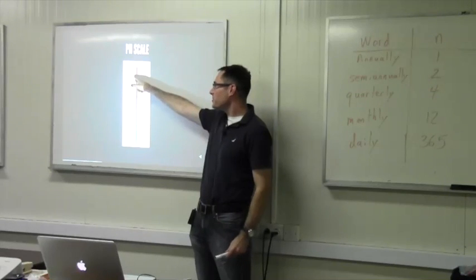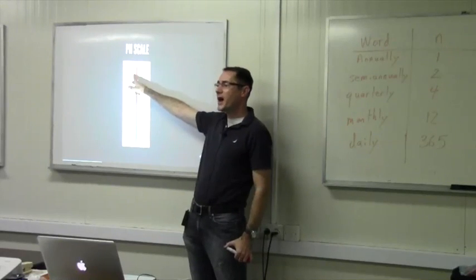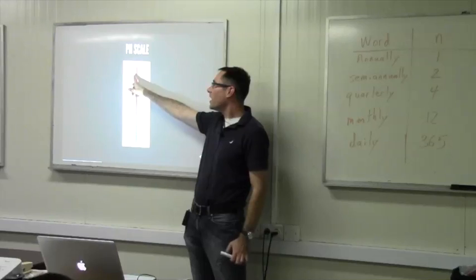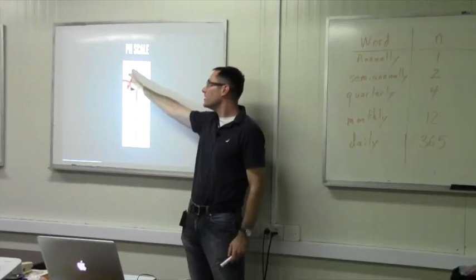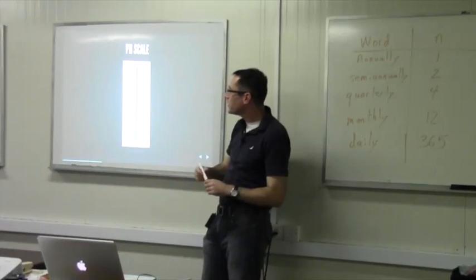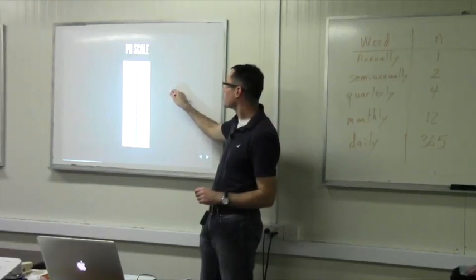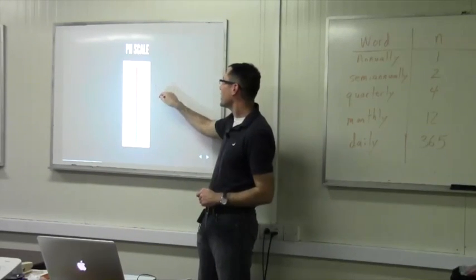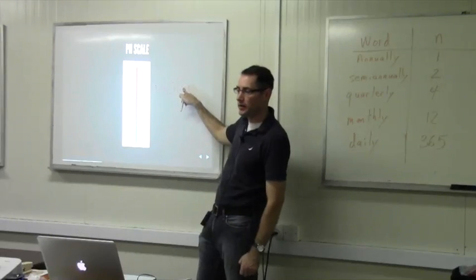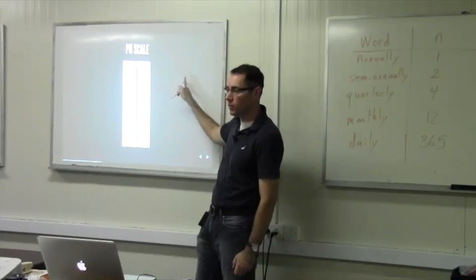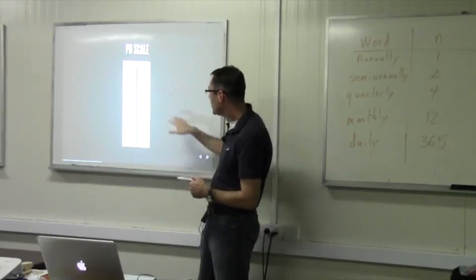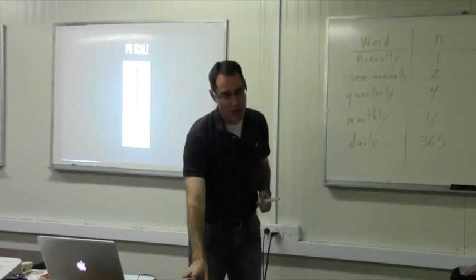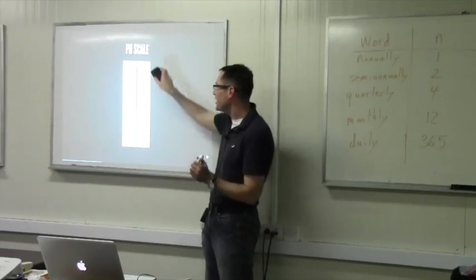By the way, you can have pHs of negative numbers, because what's the log of 10 to the 1? It's 1, so this is negative 1, right? So you can have a negative pH for strong acids.